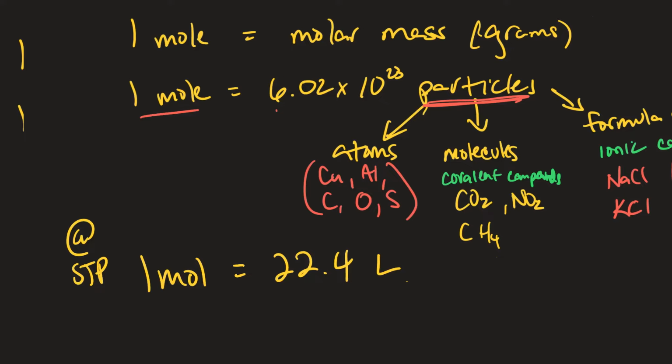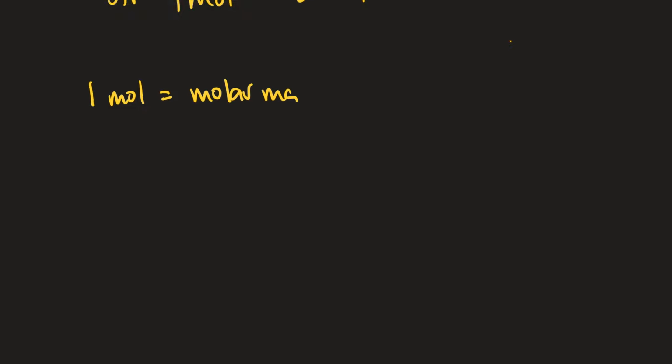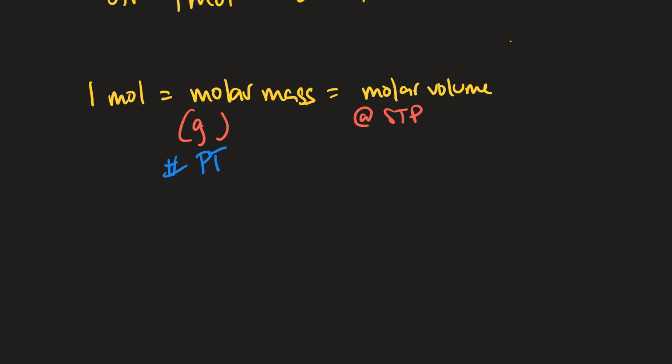And so here we can actually create a giant equivalence statement, where 1 mole of any substance is equal to the molar mass, the grams that we typically find from the periodic table, the average atomic mass. It's equal to the molar volume, which tells you that when you're at STP, the unit is liters and this number is always 22.4.